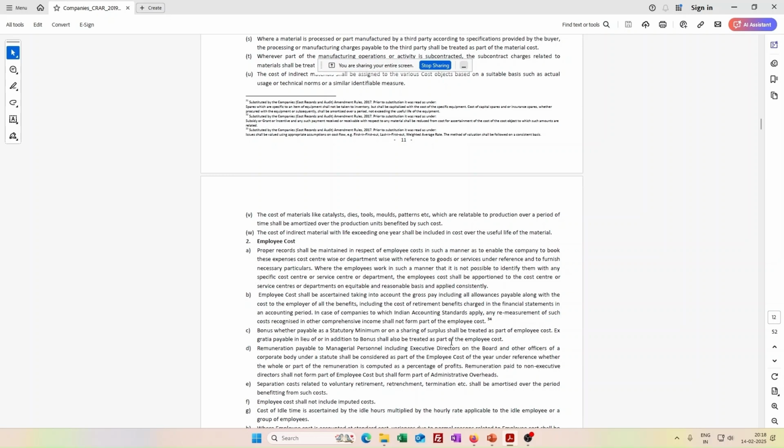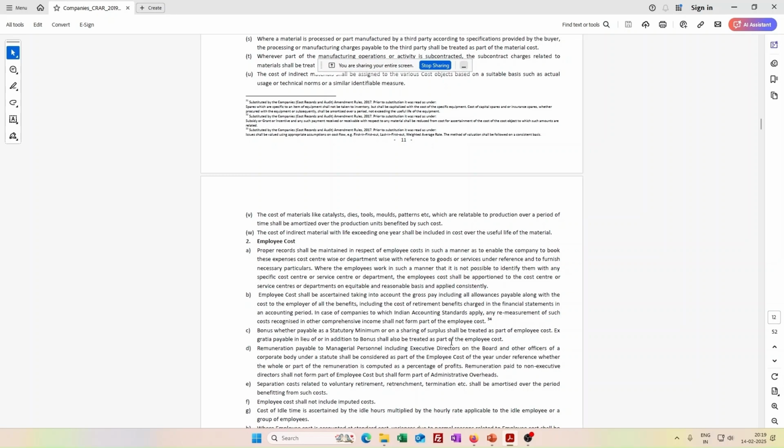Employee cost related to the production is direct employee cost, and employees related with administrative function, selling and distribution function, and other allied function, repairing function, store function, that is indirect employee cost.